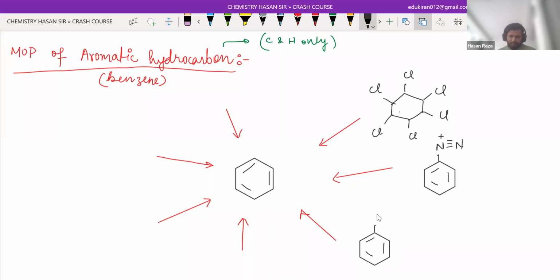Then comes your benzene sulfonic acid, SO3H. Then comes your benzoic acid. You have seen all these compounds in class 12. Then comes your phenol. Then comes your 1, 2, 3, 4, 5, 6 carbon, normal hexane. Then comes your HC triple bond.